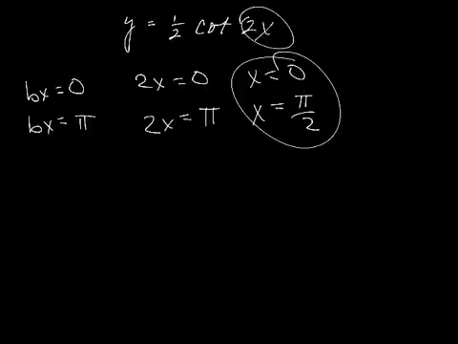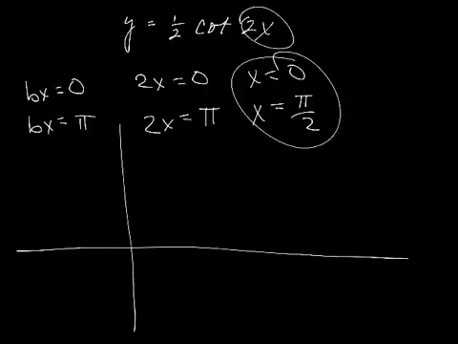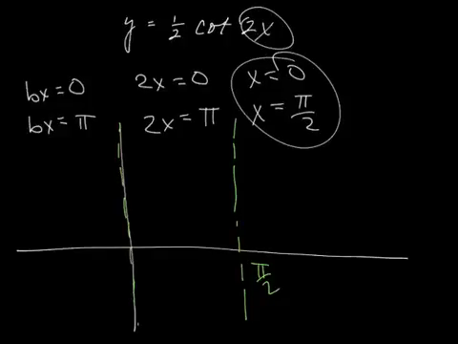Alright, so we have 0 to pi over 2. So we start here as a vertical asymptote. Make it green. And then pi over 2 as the other asymptote. And then we divide this into 4 equal places. So we're going to divide this in half.